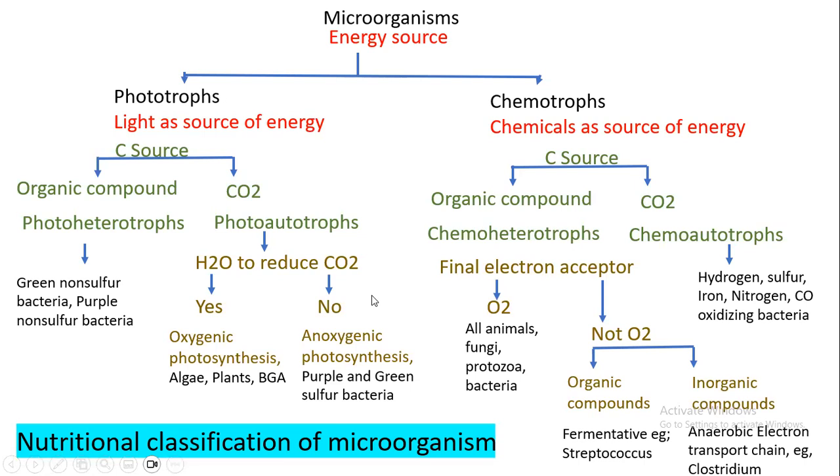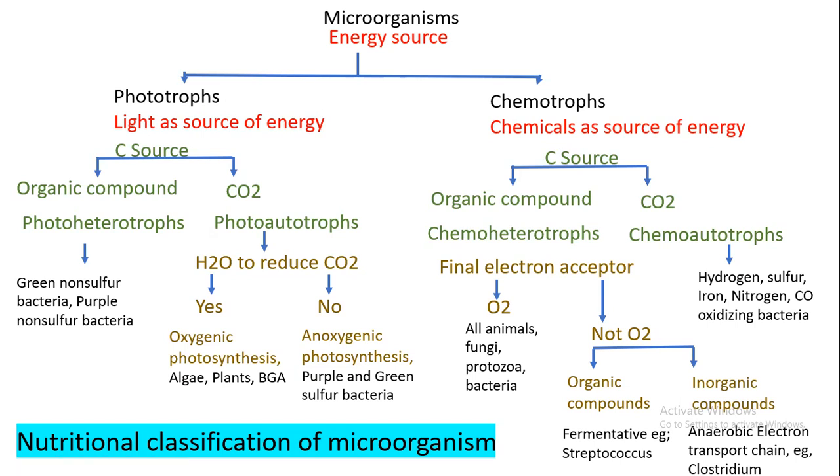Next, we'll discuss nutritional classification of microorganisms. So based on the energy source that microbes use, they can be classified into two categories, phototrophs and chemotrophs. Phototrophs are those microbes that make use of light as a source of energy, while chemotrophs make use of chemicals as a source of energy.